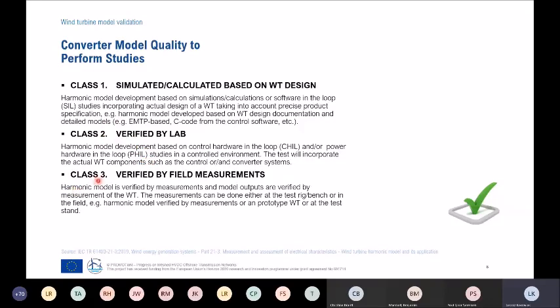And at the end of the day, the most mature model verification approach would be to have field measurements that provide additional insight on subsystem converter behavior, and of course give more confidence in the models we use for stability studies.